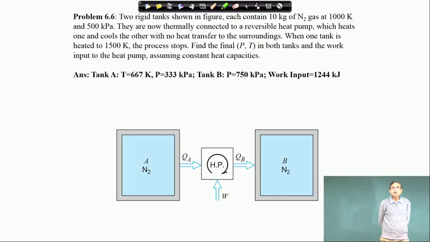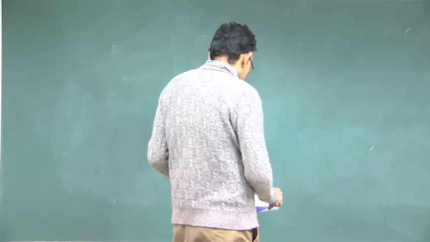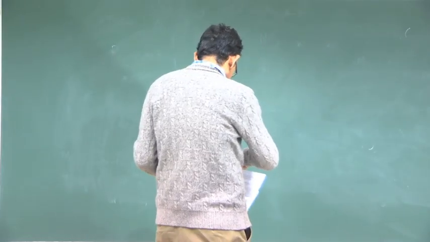You have to find out the final pressure and temperature in both tanks and the work input to the heat pump, assuming constant heat capacities, and this process, all the processes are considered to be reversible. Okay. So, let me draw the schematic.